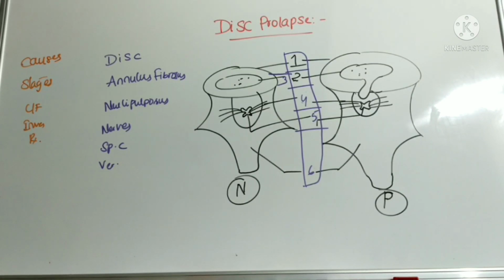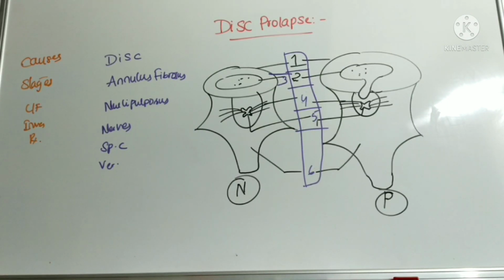If it is asked from the examination point of view, at that time first you have to write your definition and you have to make the definition concise in an easy manner. That is protrusion of the nucleus pulposus through a weak point of annulus fibrosus. Next, you have to draw this diagram to support your definition.